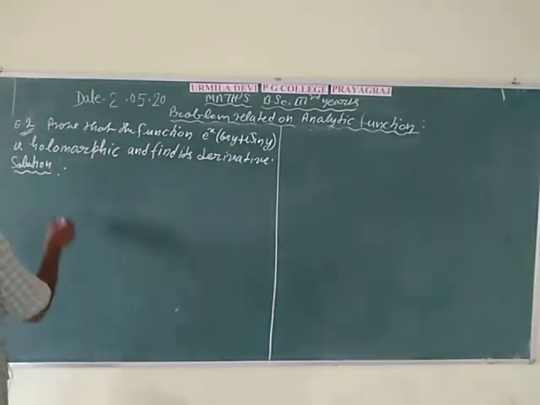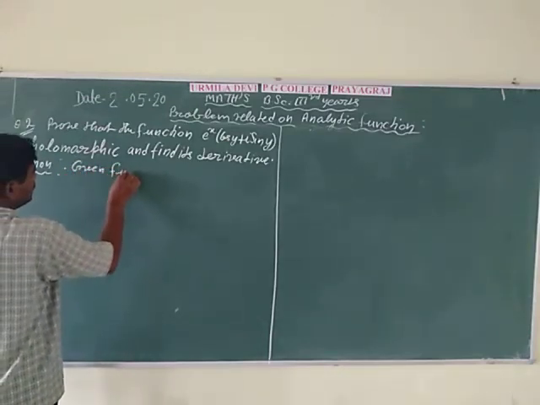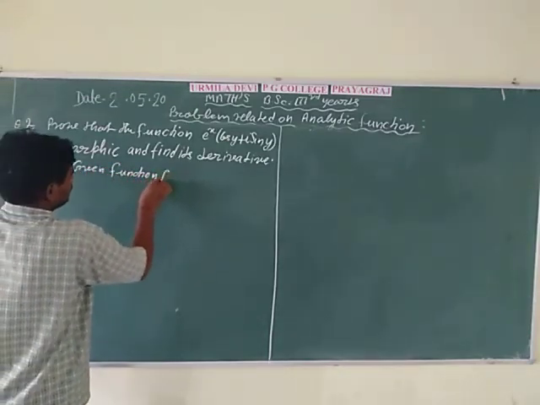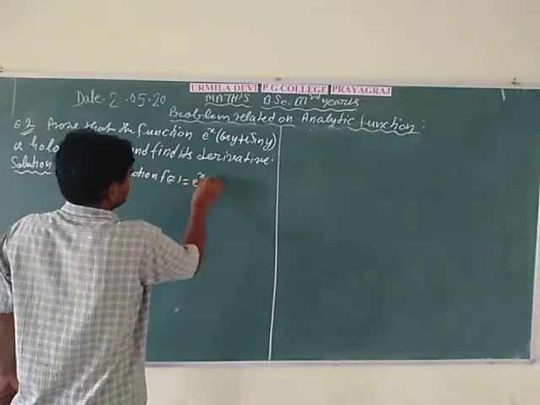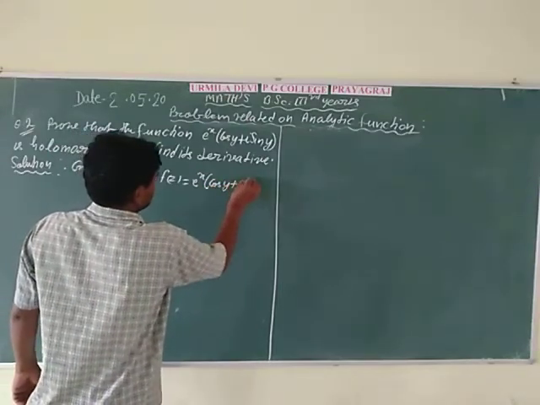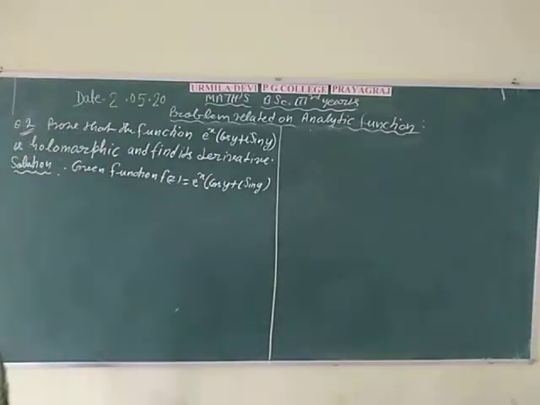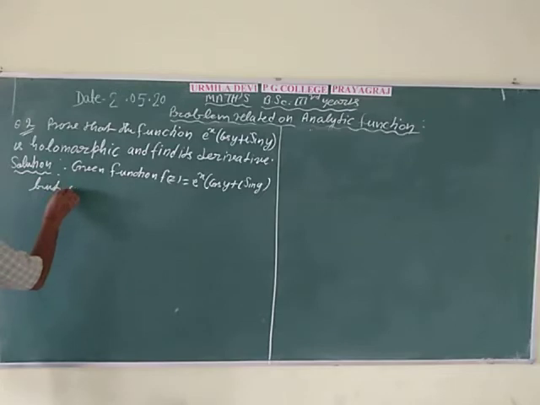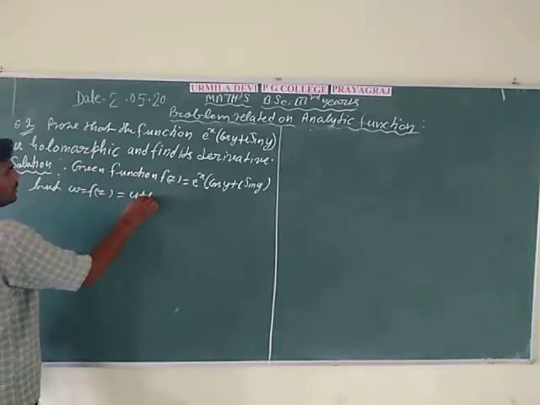So here the given function f(z) is equal to e to power x (cos y plus i sin y). Here putting w equal to f(z) equal to u plus iv.